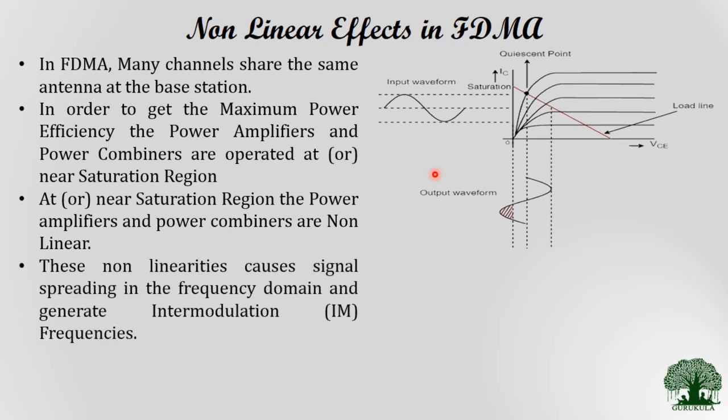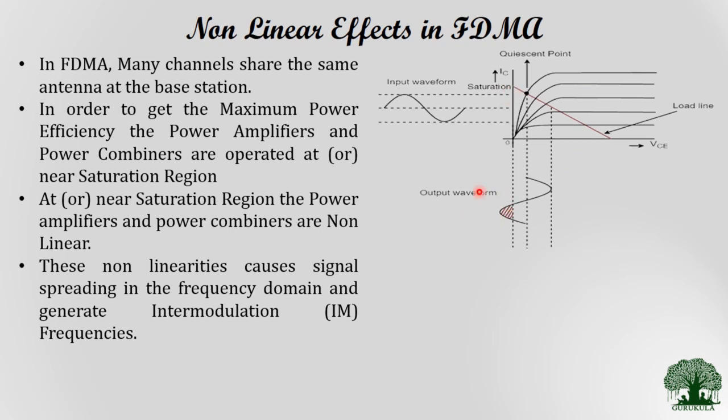Nonlinear characteristics generally mean that the signal will get spread, or it will introduce some intermodulation frequencies. Intermodulation generates other irrelevant frequencies, which are not required for the signal processing. This will be the case when the power amplifiers and the power combiners are operated either at the saturation region or near the saturation region.